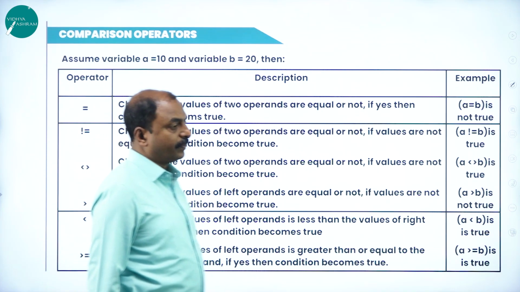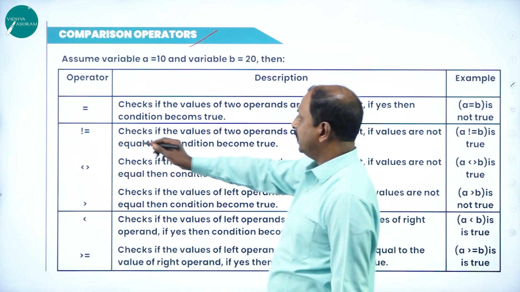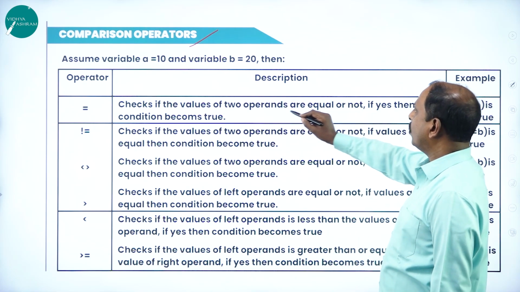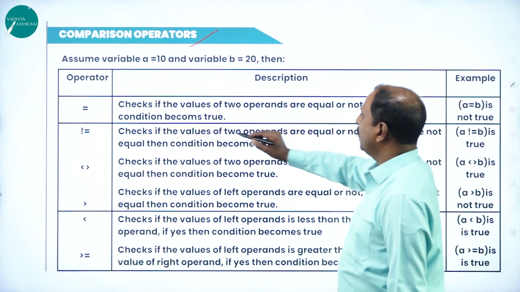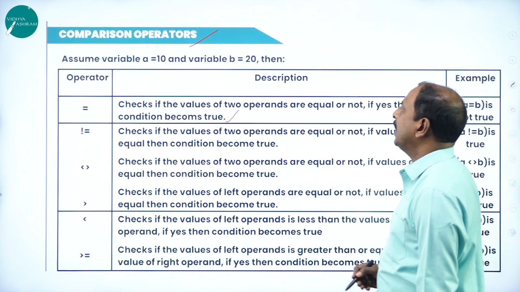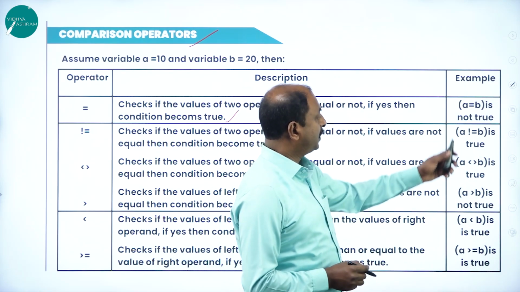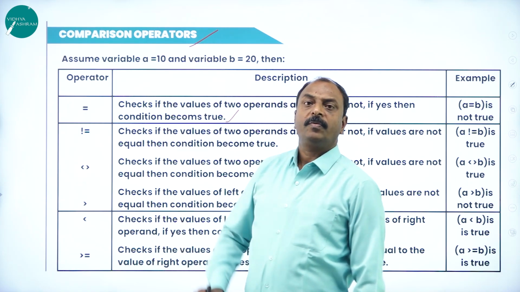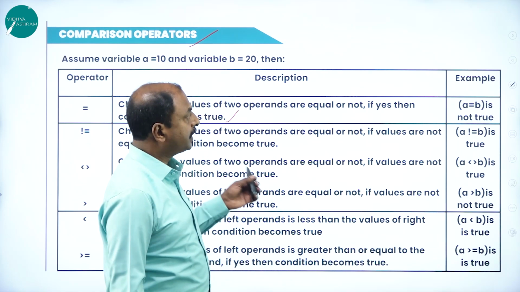Next is the comparison operator. The first one is equals. It checks if the values of the two operands are equal or not. If they are equal, the answer would be true. You can look at the example here. A comparison operator always results in either true or false based on the condition.